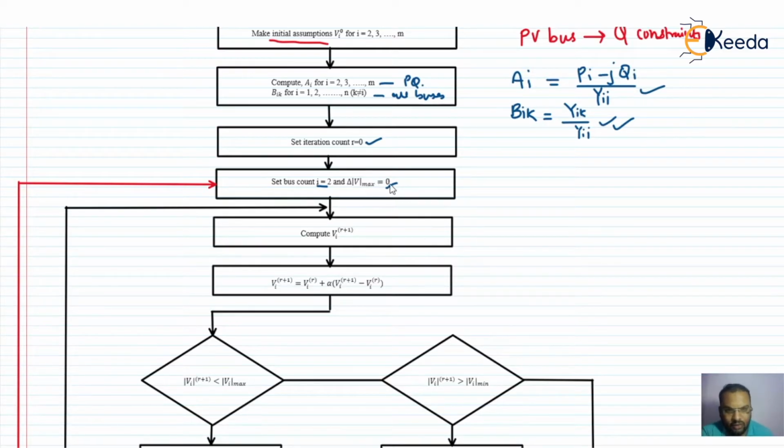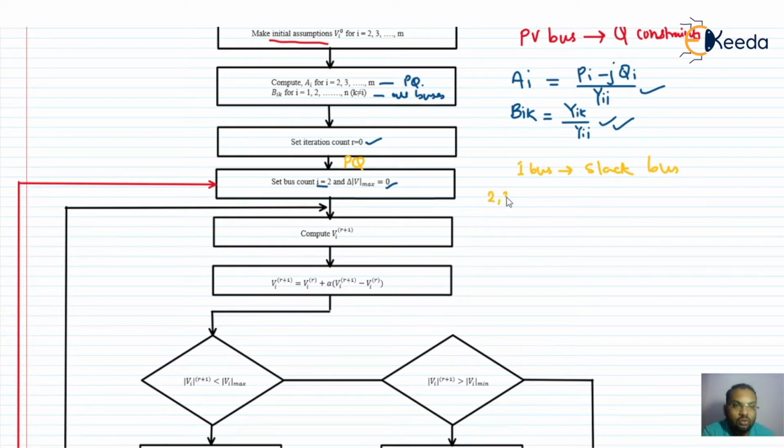Again, it depends on how much value you want to set here. It depends on the accuracy you are expecting in your system, and based on that you can vary this value. Now after this, we are calculating for the PQ bus, because do you remember while giving the numbering, we considered that the first bus will be a slack bus.